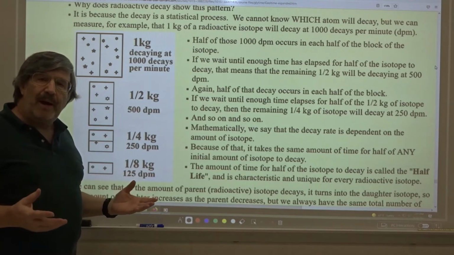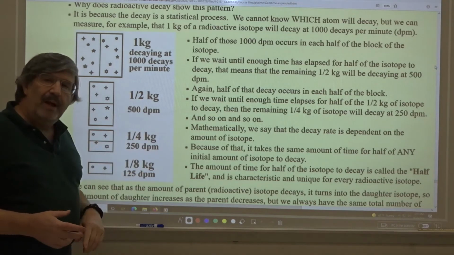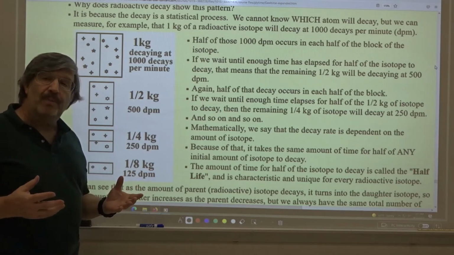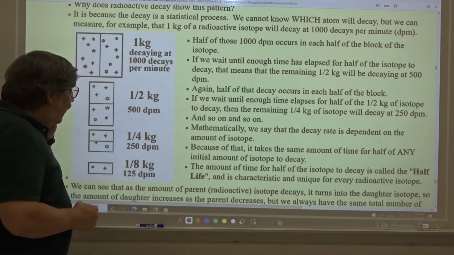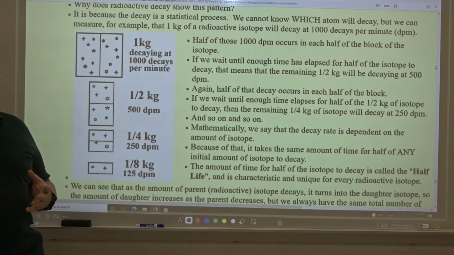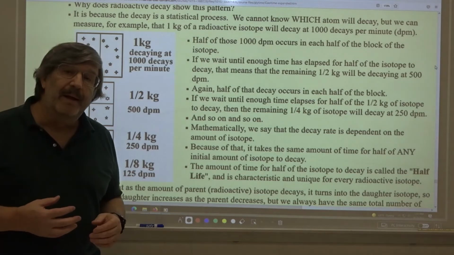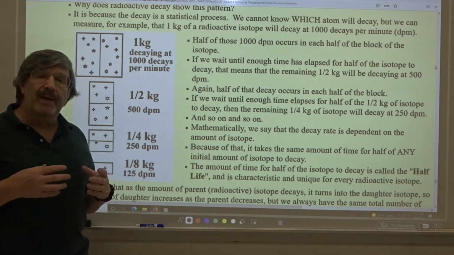After 2 half-lives, you're going to be down to 1/4 as much as you started with, but your rate of decay will also be 1/4 of what you started with. And because of this, we don't have to have the amount of radioactive isotope. Instead, we can use the rate of decay.